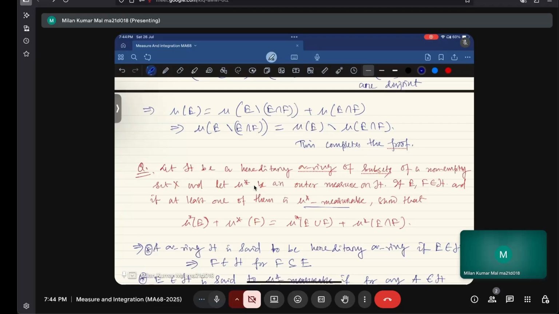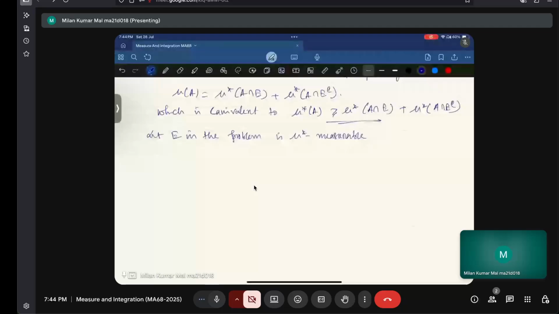If we take A equal to, what should we take? I'm not understanding what we can take here.